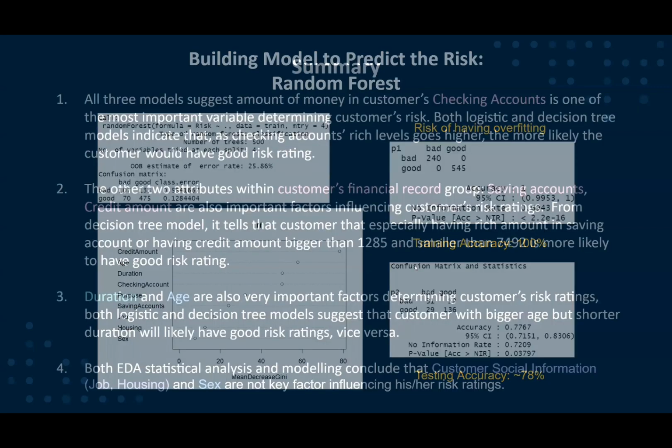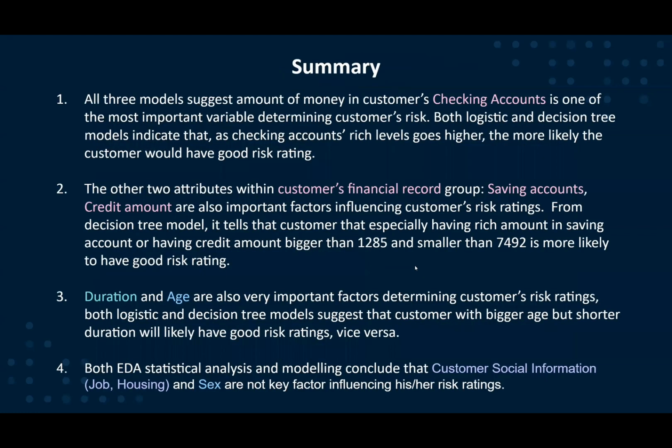In conclusion, all our three models suggest that the amount of money in the customer's checking accounts is one of the most important variables that determines the customer's risk rating. And both logistic and decision tree models indicate that as the checking accounts level goes higher, the more likely the customer would have a good risk rating.